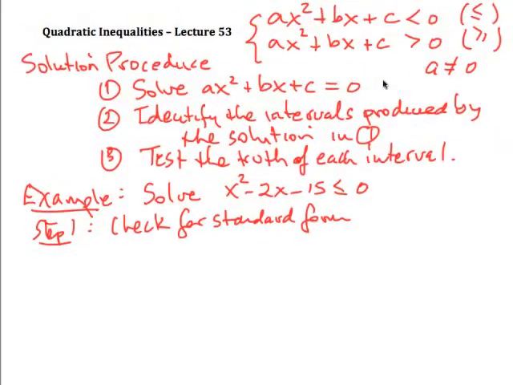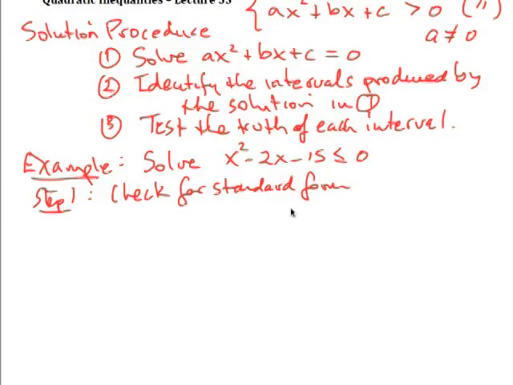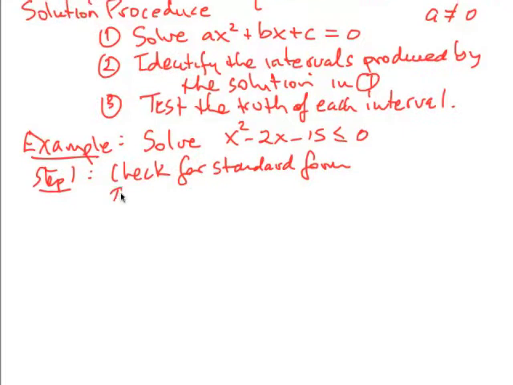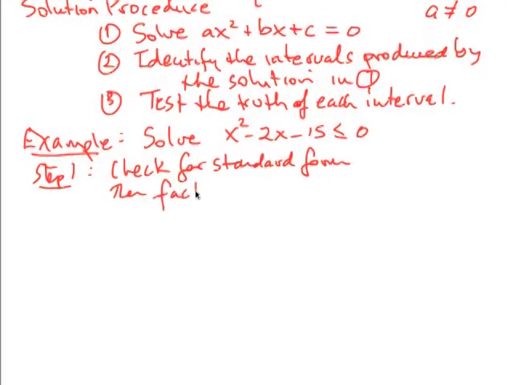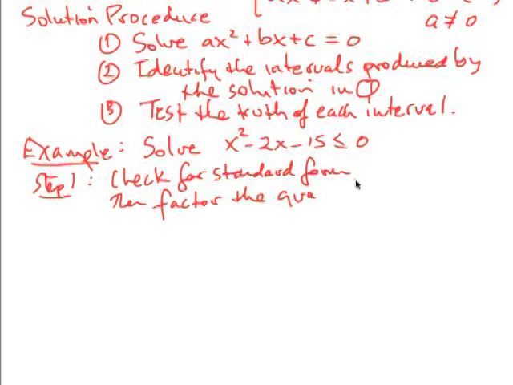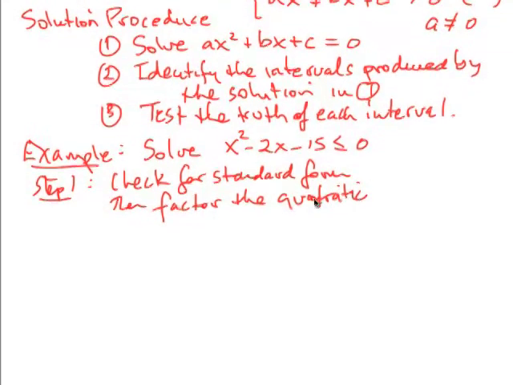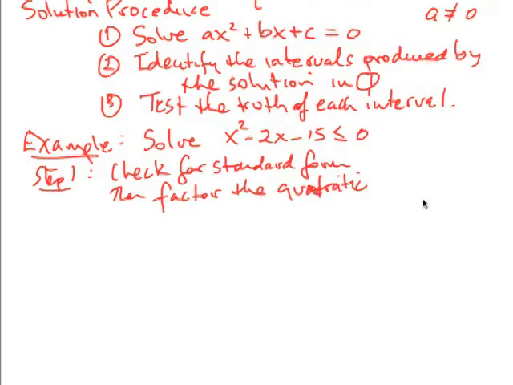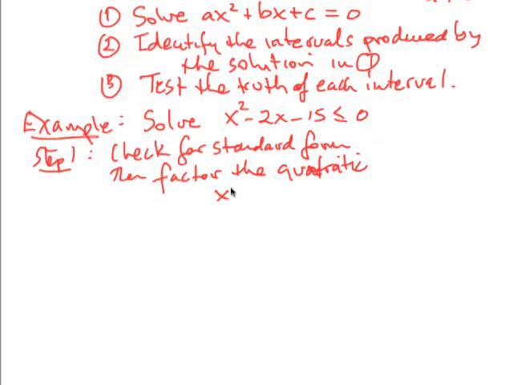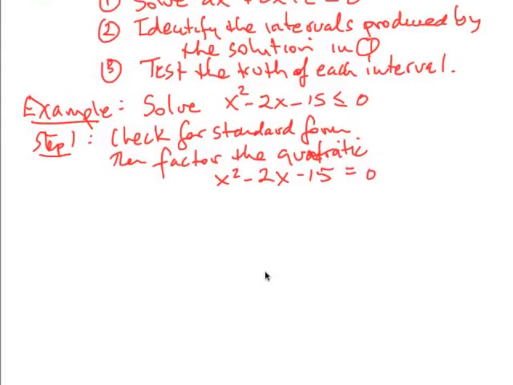And of course standard form is ax squared plus bx plus c less than or equal to or greater than or equal to 0. Then factor the quadratic. Here it is, x squared minus 2x minus 15 equals 0.